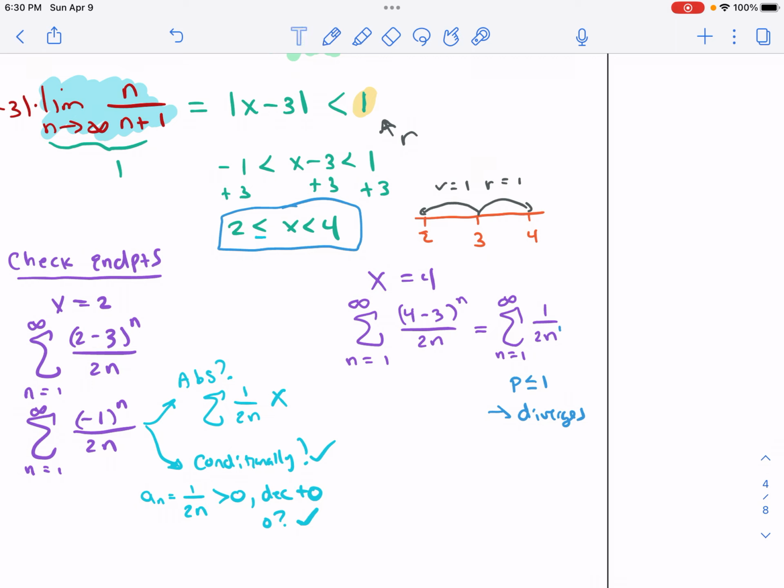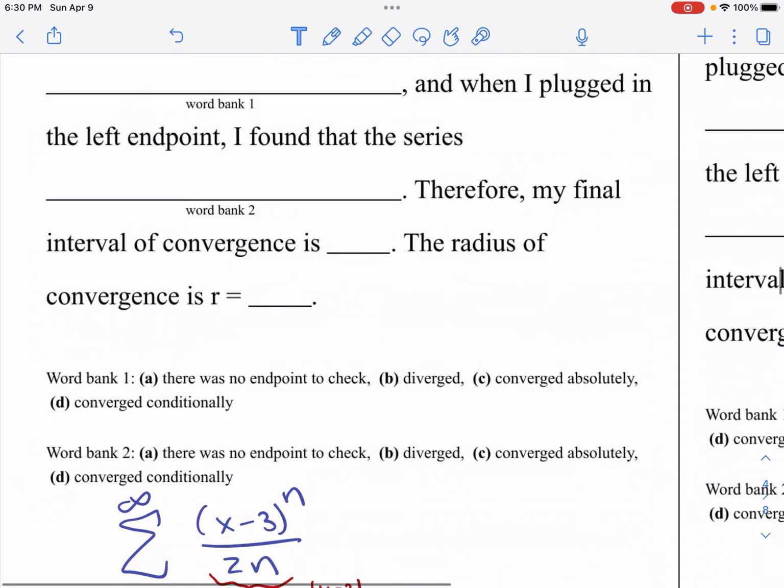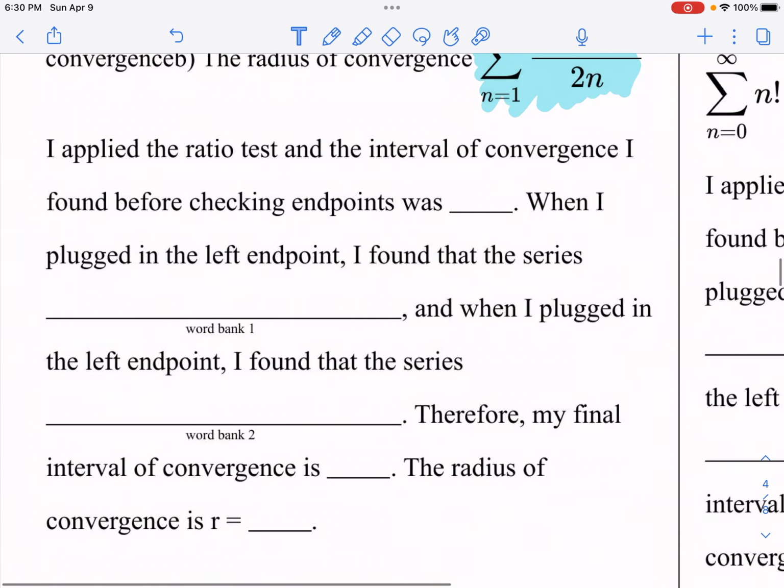Okay, let's go fill in the blanks above, just to complete the scaffolding. This is meant to help you synthesize the ideas. I applied the ratio test, and the interval of convergence I found before checking endpoints was just 2 to 4. When I plugged in the left endpoint, I found that the series converged conditionally.